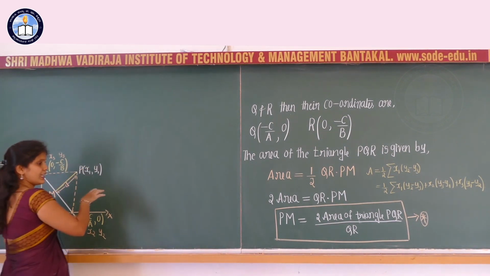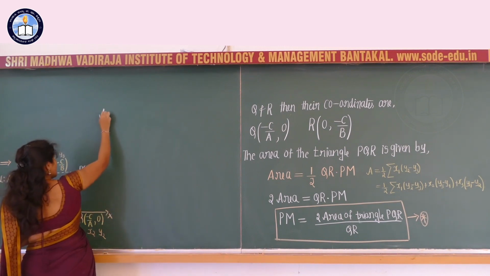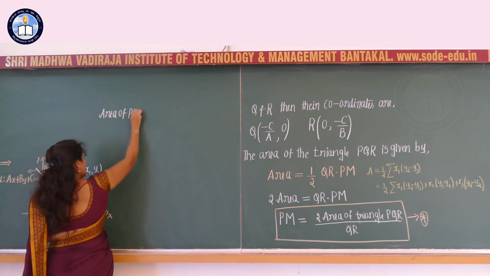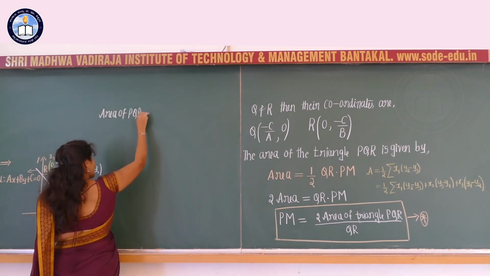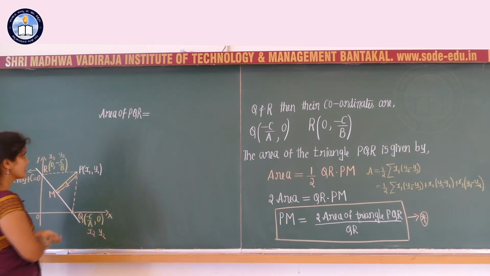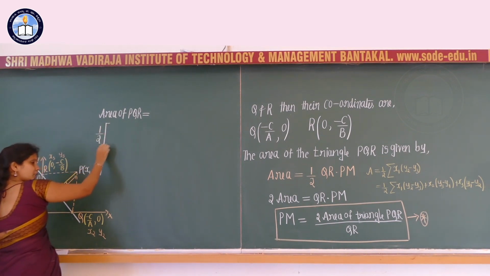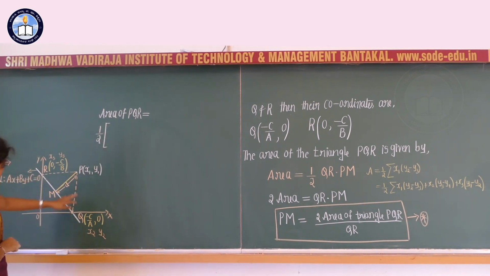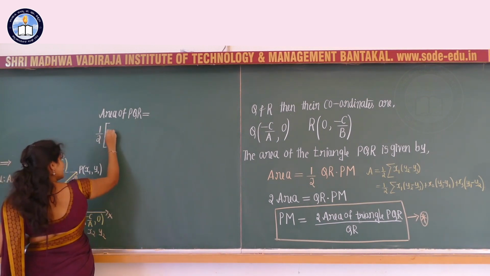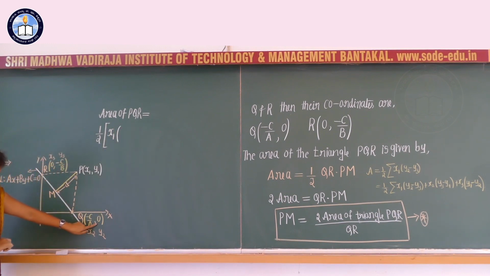So therefore we can write it as area of the triangle PQR. How to write area of the triangle PQR? Area of the triangle PQR is equal to, I will substitute with respect to that formula, that is nothing but 1 by 2 into x1 into, so what is meant by x1? Write as it is, that is x1 into y2 minus y3. So what is the value of y2?